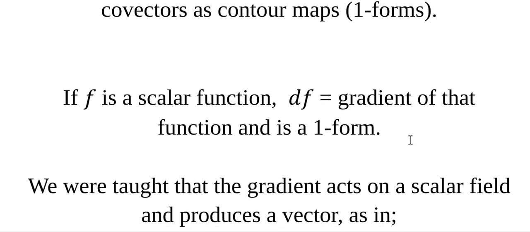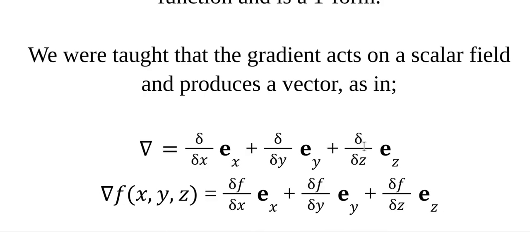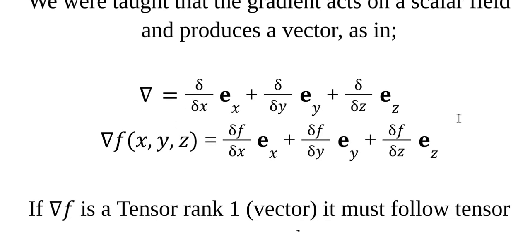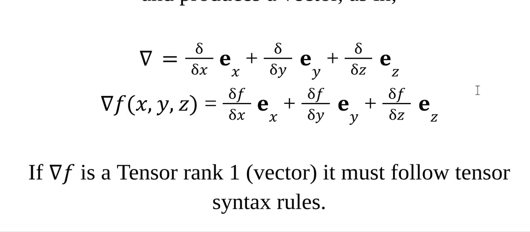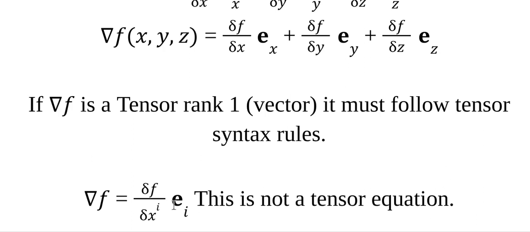Now, we were taught that the gradient acts on a scalar field and produces a vector, as in this. Remember this from calculus? We had the del operator, which is a vector. It acts on a scalar field, and it gives a vector. Well, if del f is a tensor rank 1, a vector, then it's got to follow the tensor syntax rules, which we've spent years studying. So here's the way you would write it in summation notation, except it's not in summation notation. You have a covariant component and a covariant basis vector.